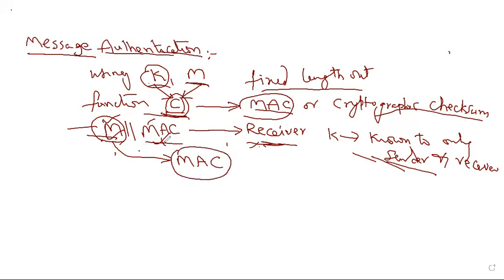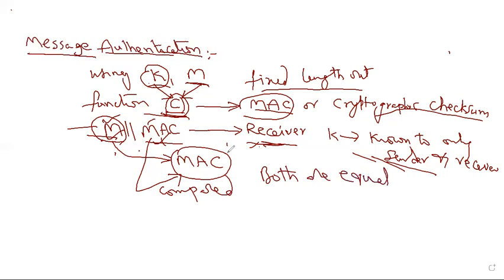After generating the MAC code, he also has the received MAC code, right? So the received MAC code and the generated MAC code are compared. If both are equal, then the receiver feels that the sender is authorized.